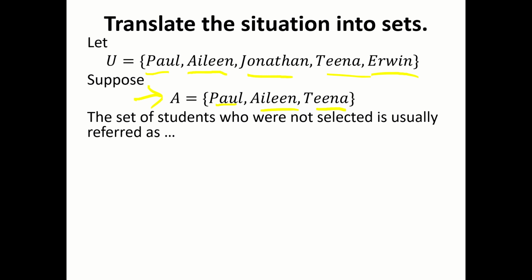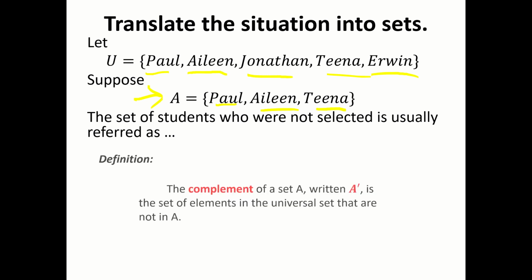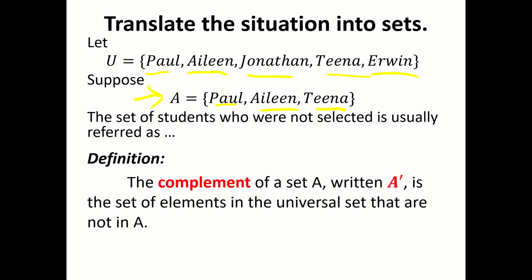The set of students who were not selected is usually referred to as the complement of those who were selected. The symbol for the operation complement is like an apostrophe. So that means the complement of set A. That's how you read it.